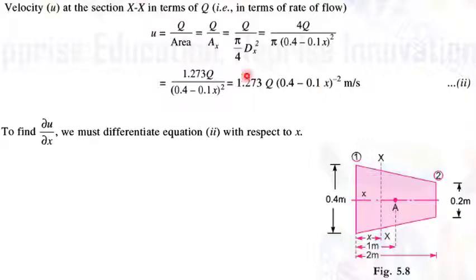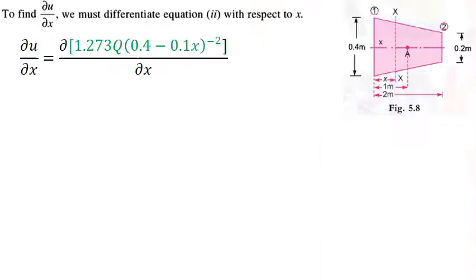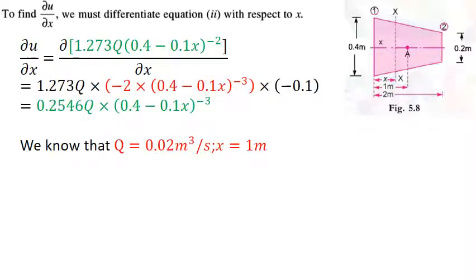So we got u. Now we need dou u by dou x to find out the convective acceleration. For that, we can differentiate u with respect to x. So here we take out the constants, that is 1.273 multiplied by Q, and differentiating the term with x, we get minus 2 into (0.4 minus 0.1 into x) the whole raised to minus 3.